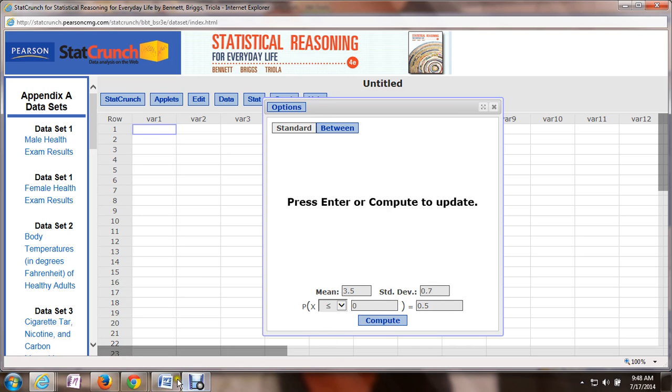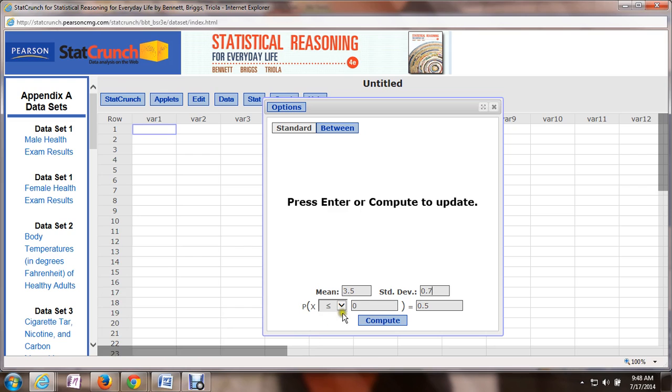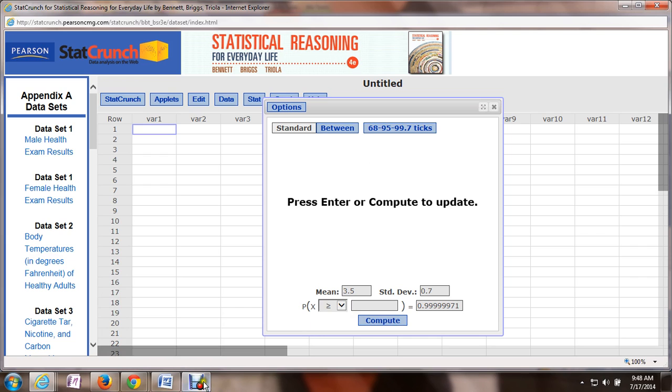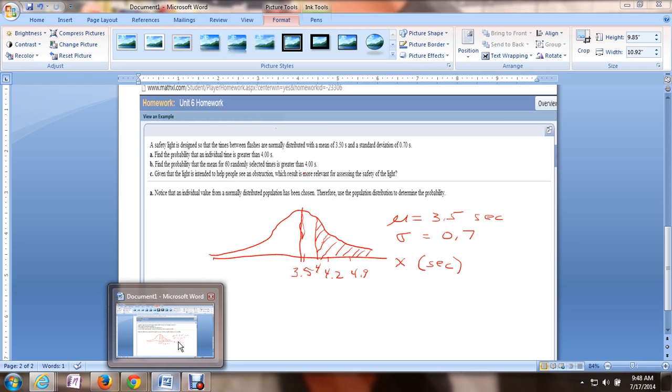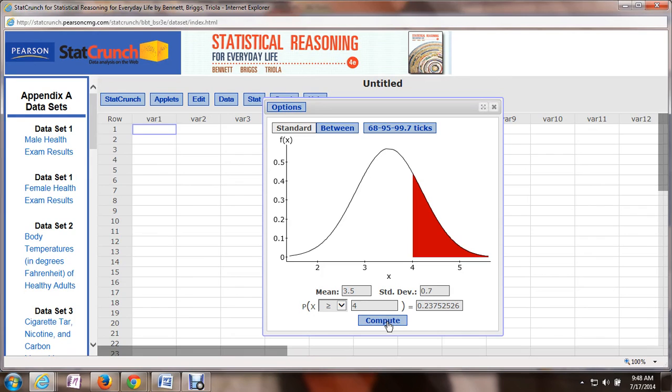The problem wants to know the probability that one individual time is greater than 4, so we need to change this sign to greater than or equal to 4 seconds. Press enter to compute, and there it is: 0.2375, or 23.75%. It shows the area that we had shaded, right in here in red.